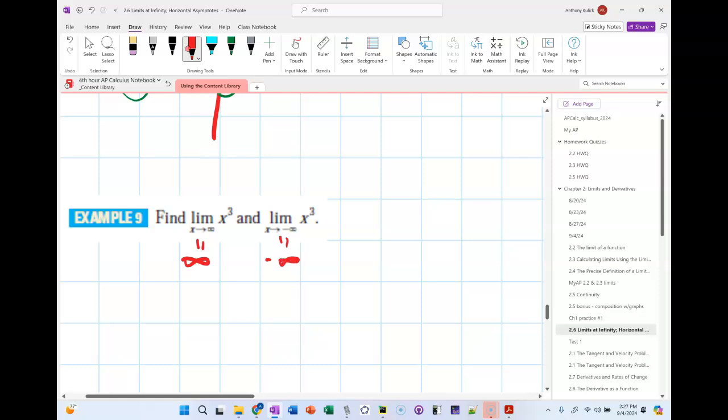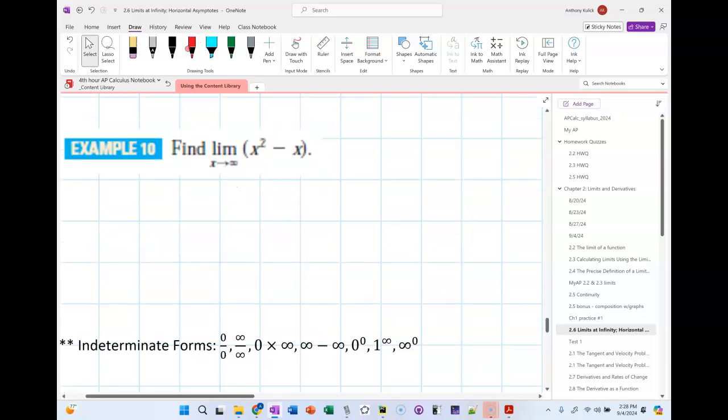Negative infinity. We already knew this, right? Now, any polynomial I can do this for, because I can tell just by the degree of the polynomial if it's odd or even, and the leading coefficient, whether you have ends pointing up or down, or both pointing up or both pointing down, right? How about this one?